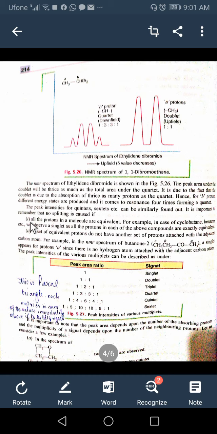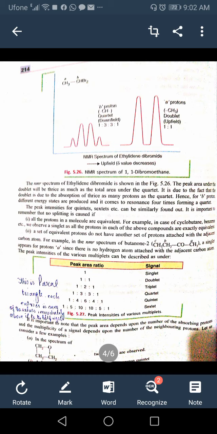I have told you how we can differentiate a doublet, that is two lines of the same peak or signal, from two independent peaks or two signals. One is that if the spacing between these two is from 0 to 18 Hz, then it is splitting. If it is greater than 18 Hz, those will be two independent peaks.